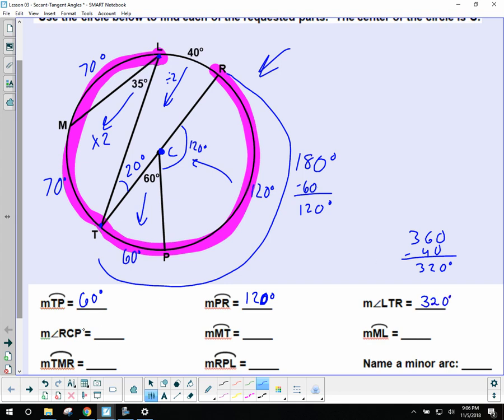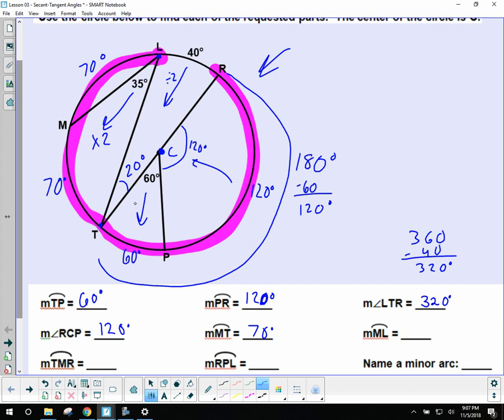RCP, let's see, that's an R, C, center, P, again, central angle should be the same, 120. That's 120. Arc MT is over here, 70. What else we got?